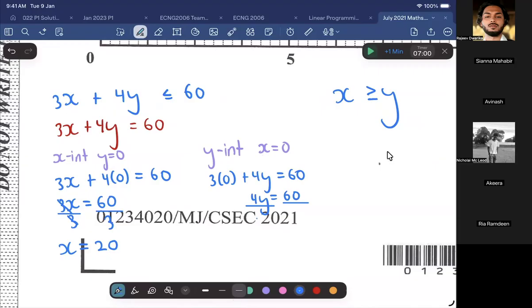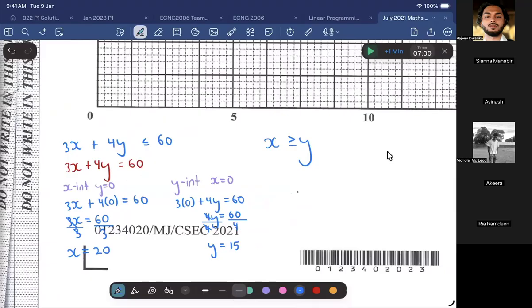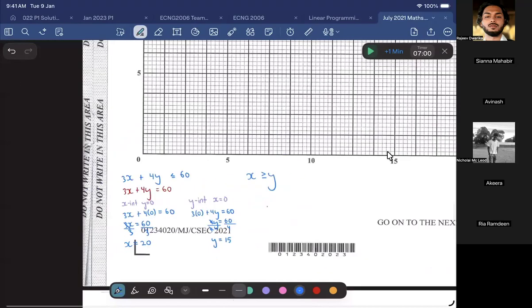You want to find for 1y, so divide by 4 to get 1y. What would cancel off the 4? 4. So y should be 15. Check that for me. Yes, sir. So I'm going to go on my y-axis and put a dot at 15.